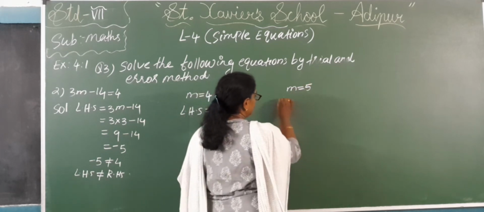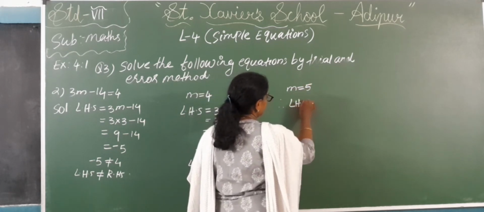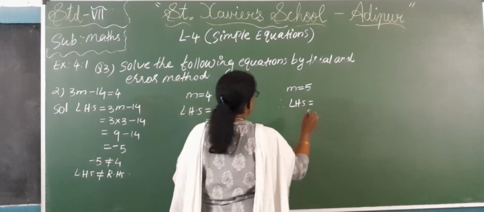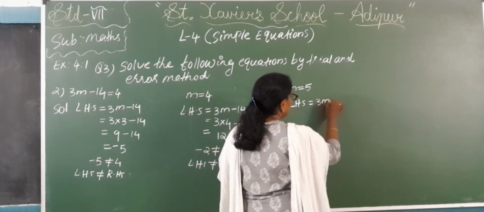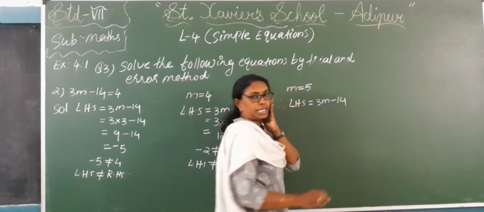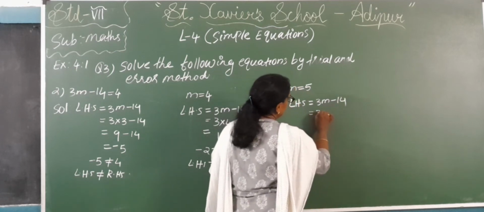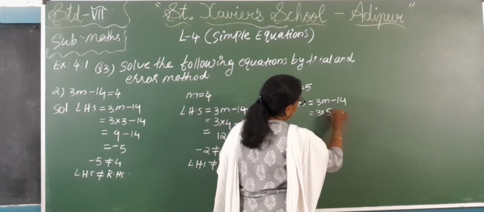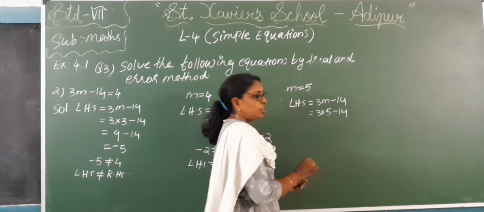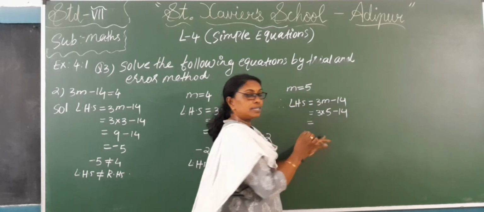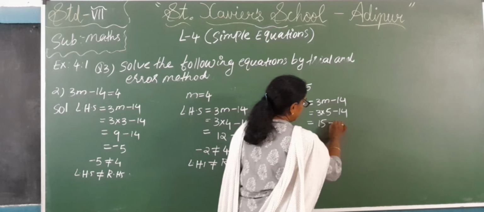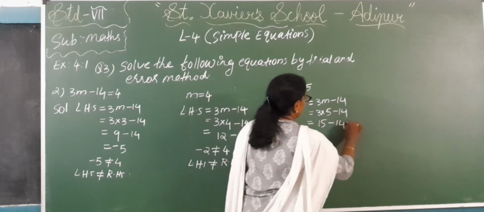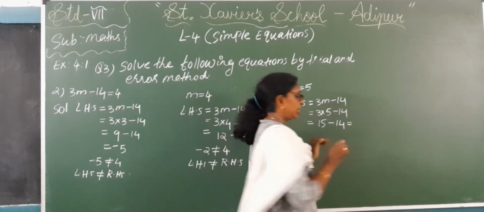Okay, and next m is equal to 5. Therefore LHS is equal to 3m minus 14. So 3 into 5 minus 14. 3 fives are 15. 15 minus 14 is 1.